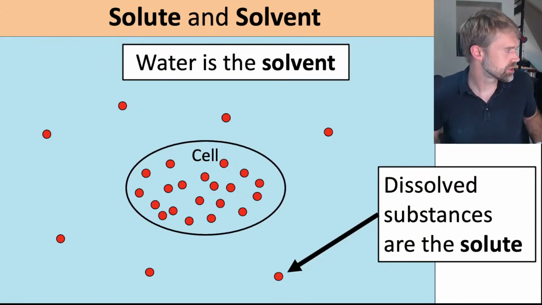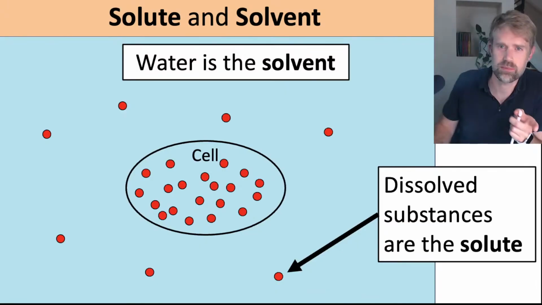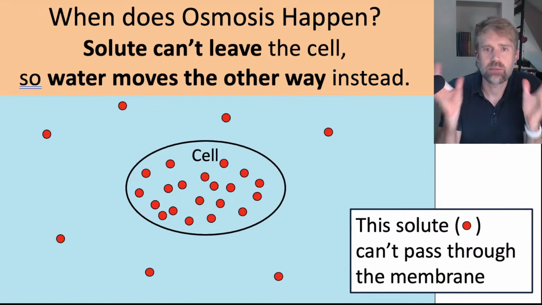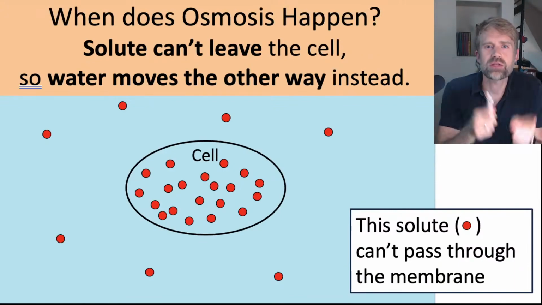Okay, so now we are ready. We are ready to talk about the most important thing that's going on here in osmosis. When does osmosis happen? Osmosis happens when solute can't leave the cell.